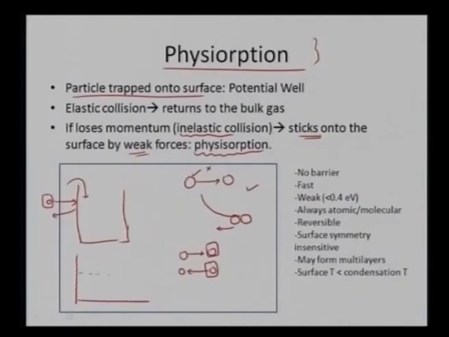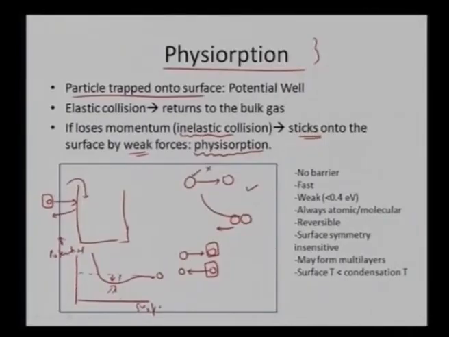we have a zero potential, and then it stays in the potential well for some time. So keeping it as a potential, initially we have a zero potential, and then this is the surface of the adsorbent, and then the particular atom or molecule or ion comes and sits, and it gets entrapped into the potential well.